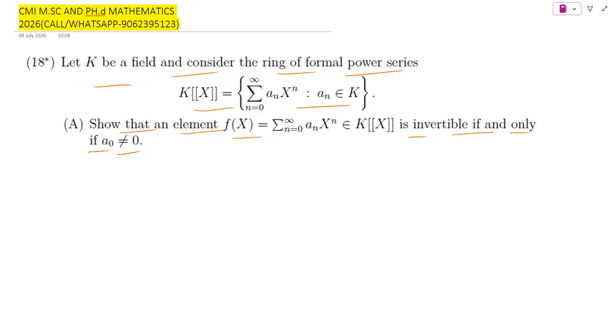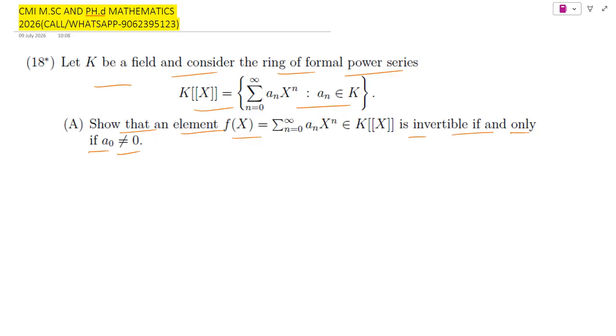Think of the series as an infinite polynomial, where we never substitute a value of x. We only perform addition and multiplication using the coefficients. So this is algebra, not analysis. And this distinction is one of the favorite concepts tested in CMI.